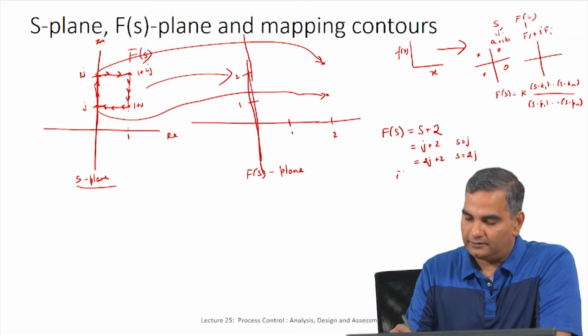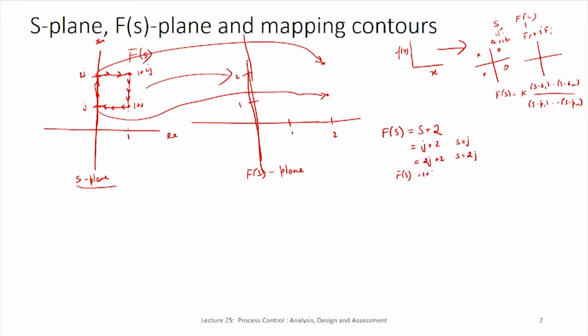So, f of s will be 1 plus 2j plus 2, which will be equal to 3 plus 2j if s equals 1 plus 2j. So, this point basically will be 3 plus 2j. So, this point will map onto this point, and you can also see that this point will map onto this point.